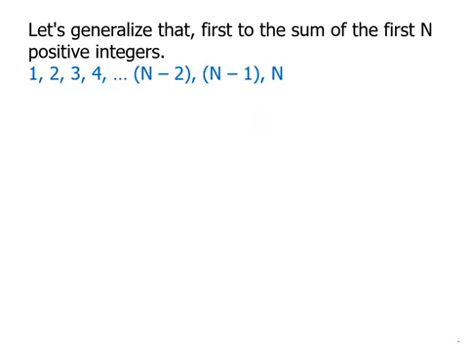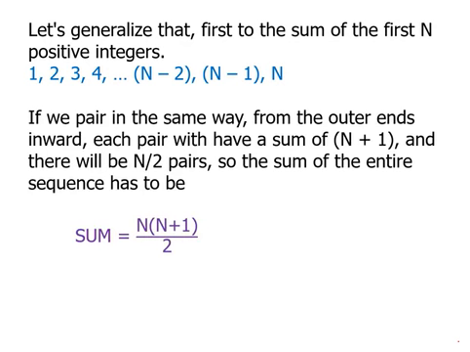Let's generalize that to the sum of the first n positive integers. So the first pairing would be n plus 1. The second pair would be n minus 1 plus 2, which is also n plus 1. Then n minus 2 plus 3, which is also n plus 1. So each pair would have a sum of n plus 1, and there'd be n over 2 pairs.